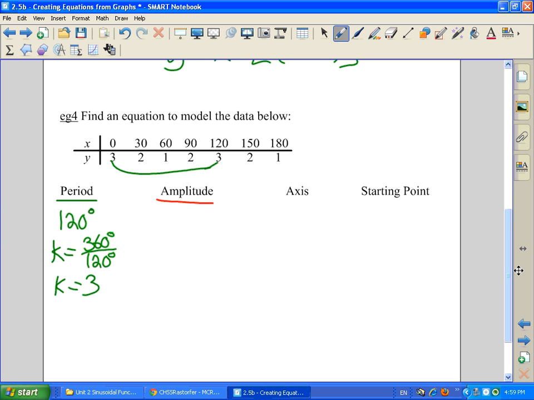All right, trying to figure out our amplitude. Take a look at the change as we go, or our first differences. 2 subtract 3 is -1, and then -1, and then 1, and then 1, and then -1. So what do we notice?